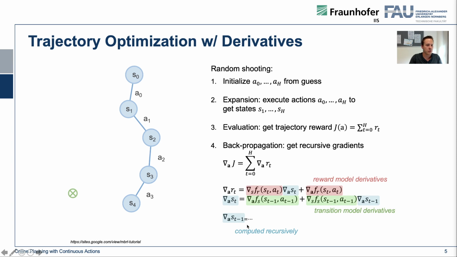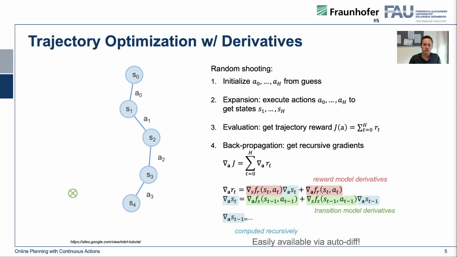You can compute these derivatives of your states with respect to your actions recursively, and then you can easily apply the chain rule and update your actions and your model accordingly. This is easily available via auto-differentiation libraries in modern frameworks such as PyTorch.